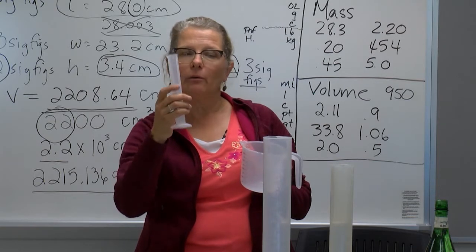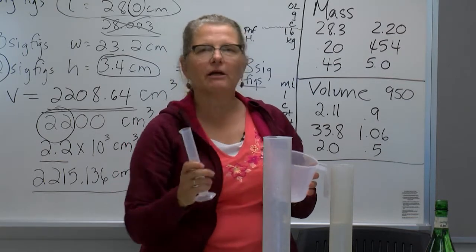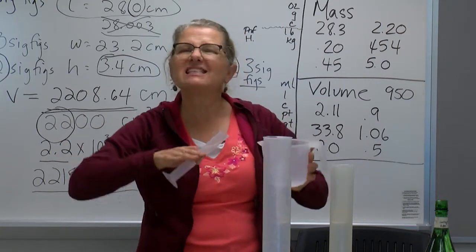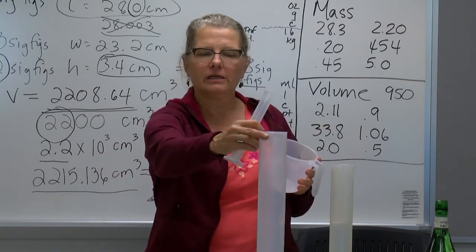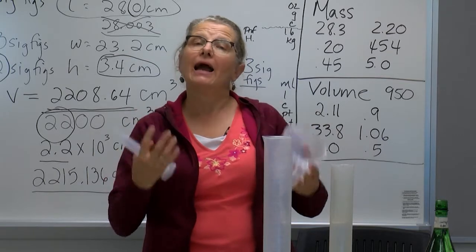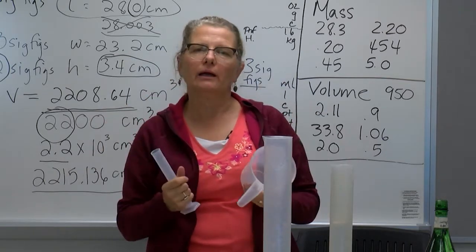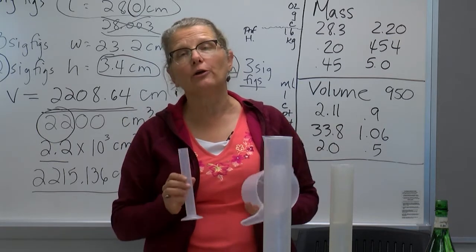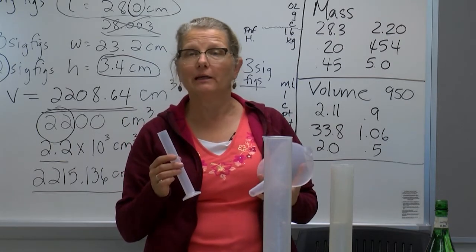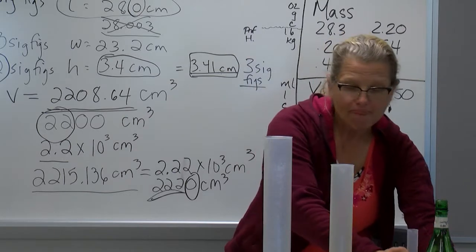Each mark is only 1 milliliter. Here, each mark is 10 milliliters, so there's a lot of estimating. But when you have a huge amount of water, you would want to use this. So remember, the size of what you're measuring and the tool you're using are important in measurement. It's very important.